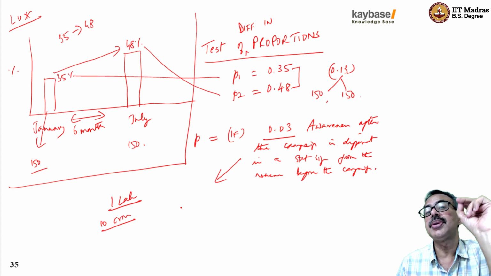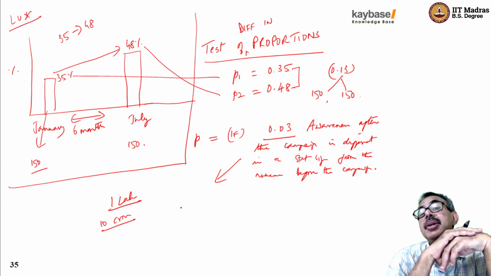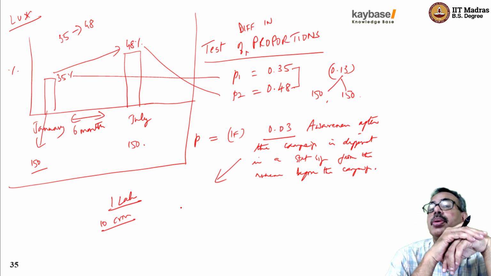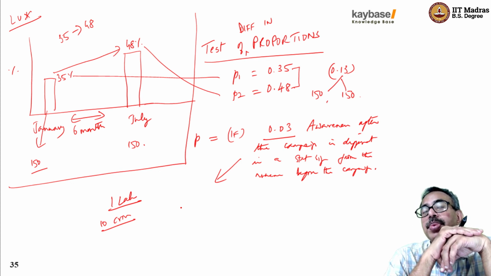It's still a market researcher's and a brand manager's decision to conclude, saying, has the money that I've spent given me adequate results or not? All that the significance test can tell you is whether the awareness figure pre and post campaign, whether the difference between them is statistically significant or not.